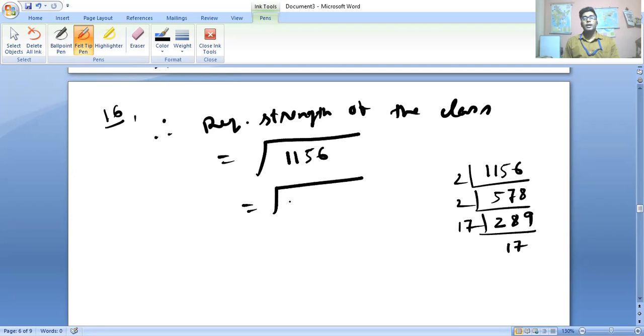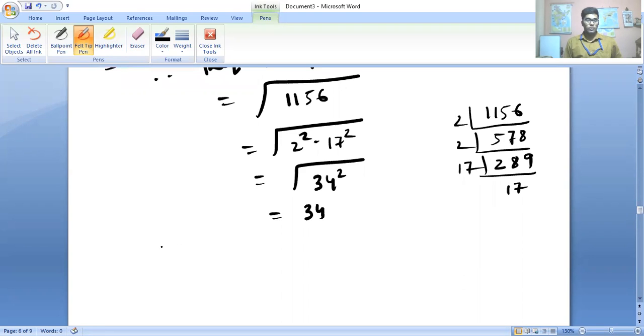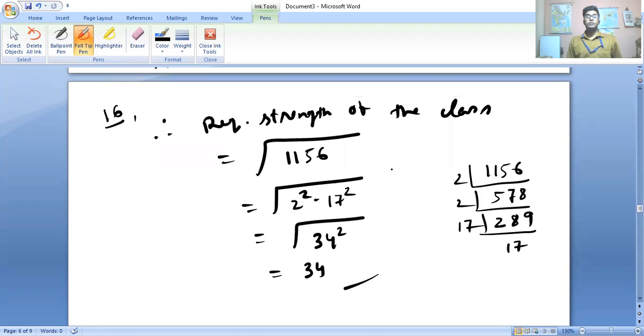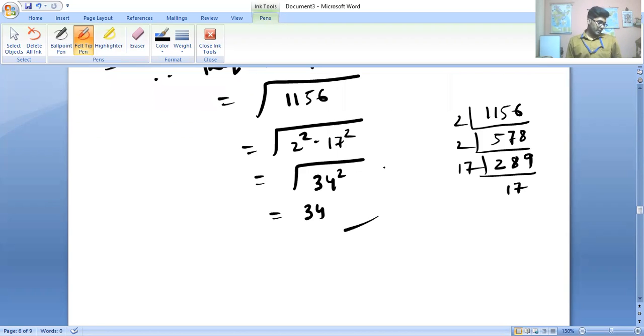So this can be written as 2 square into 17 square. That means this is 34 whole square. The answer is 34. So the required strength of the class is equal to 34. Clear?